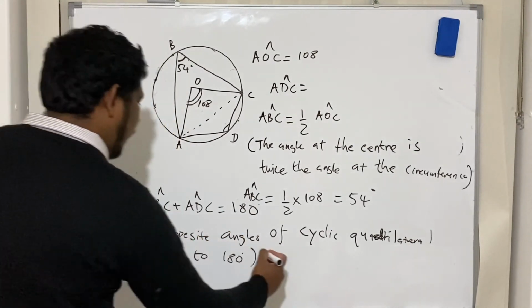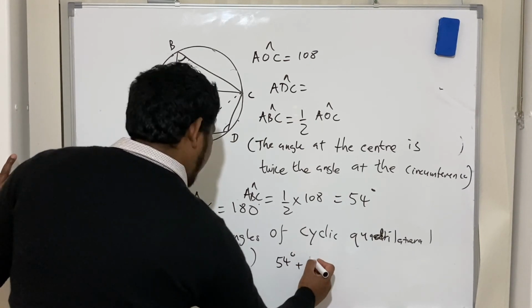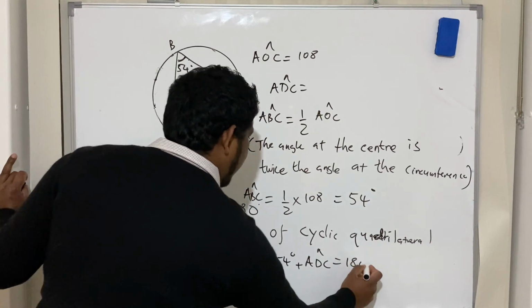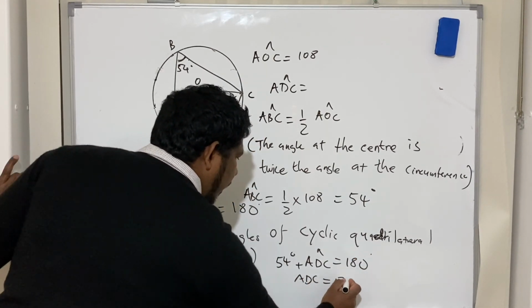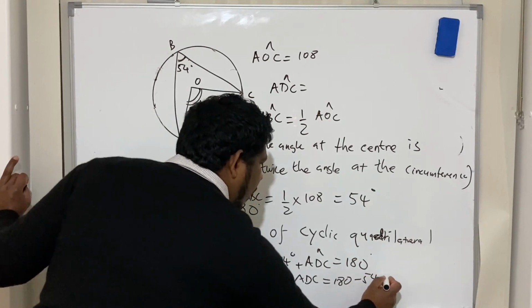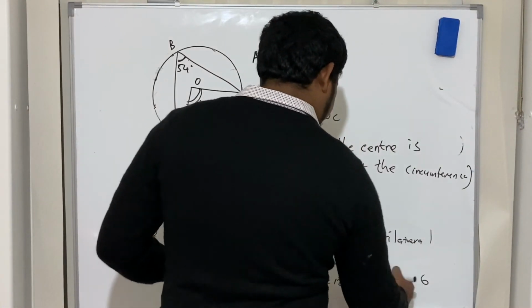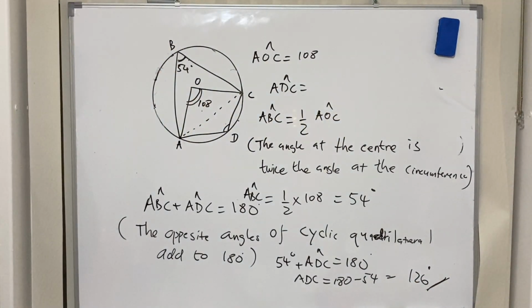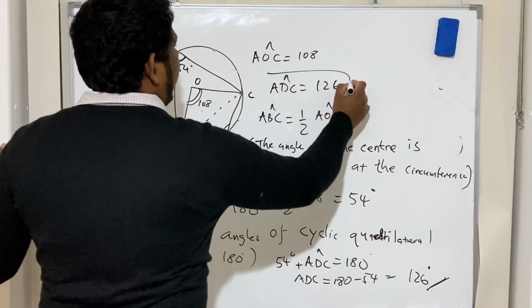So ABC is 54, so 54 plus ADC equals 180. So ADC is 180 minus 54. So it's going to be 126. So you can say ADC is 126.